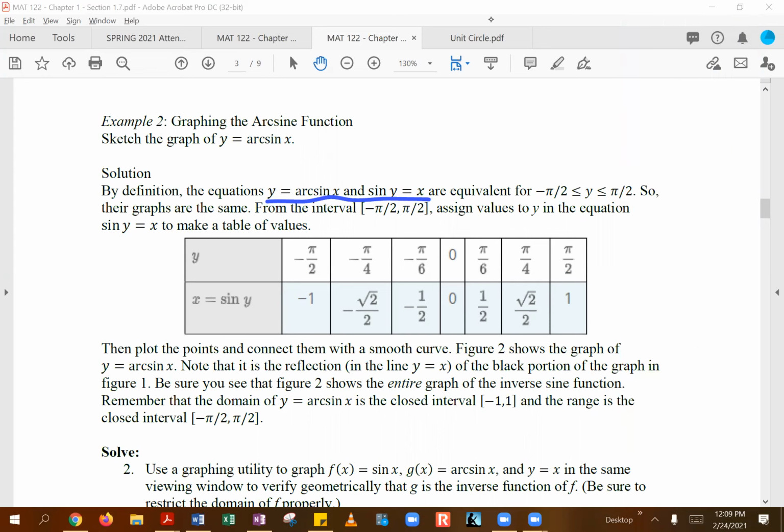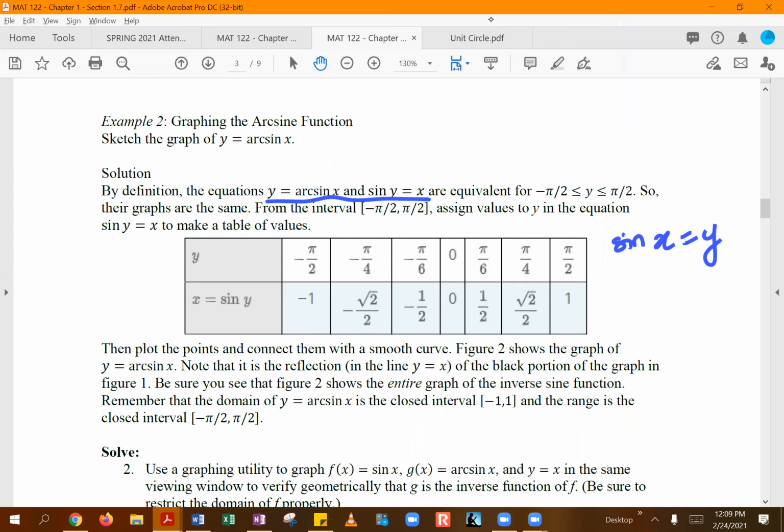So basically, if this was the sine function, you would have sine of x equals y. So these would be all your x values, and these would be your y values.